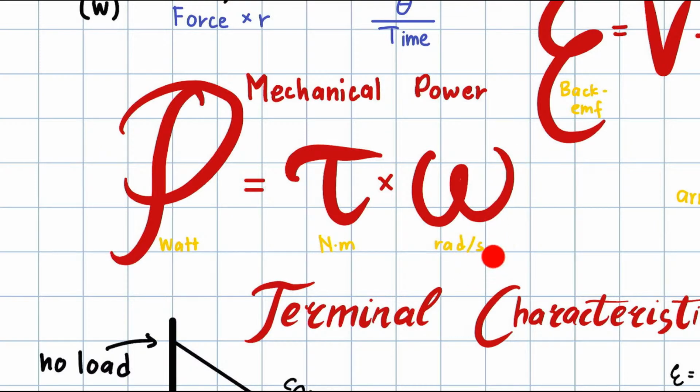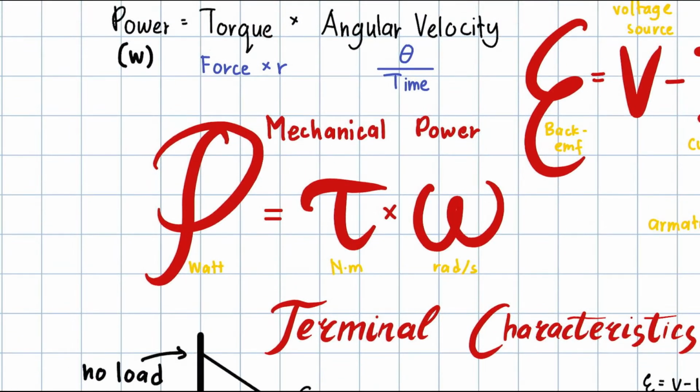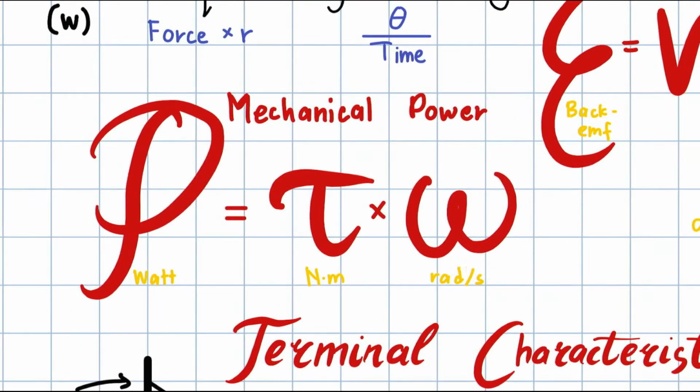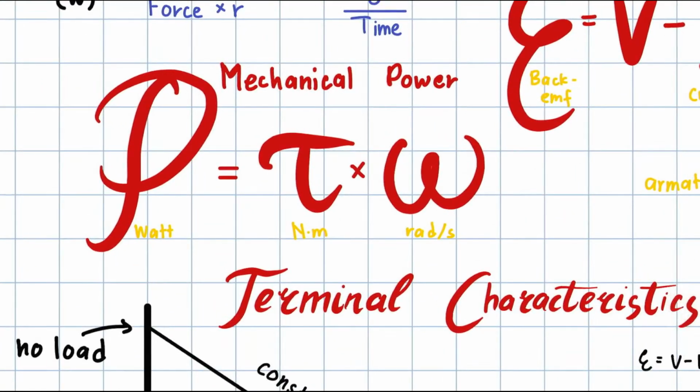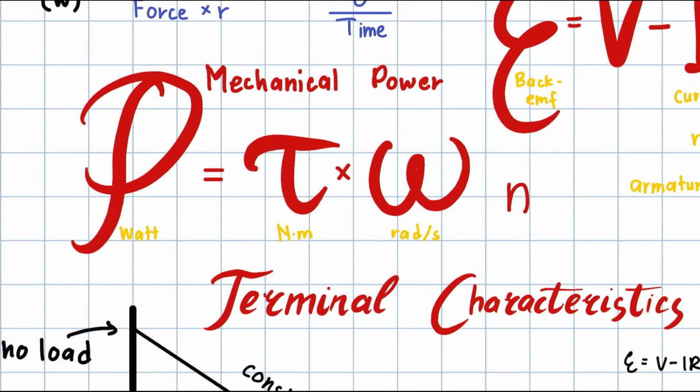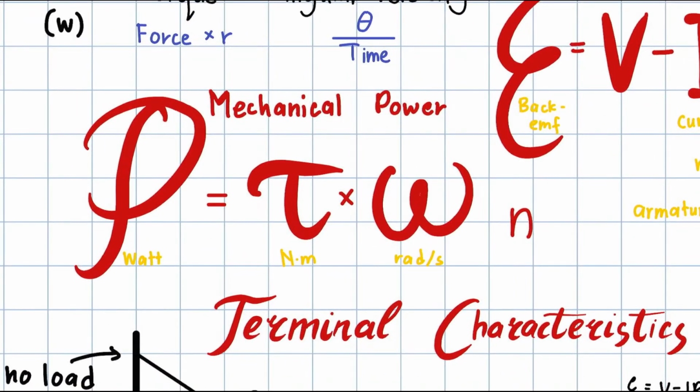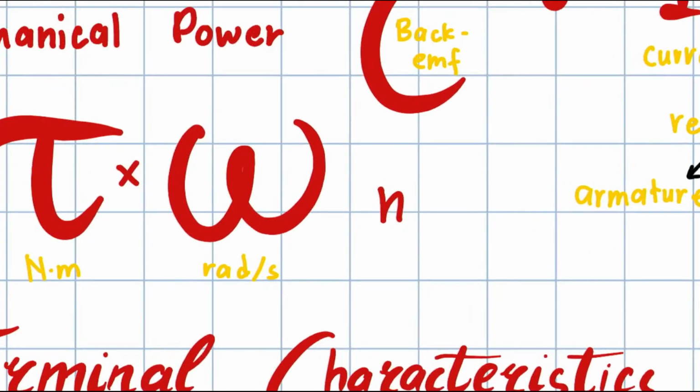This is quite different from our lecture notes, because I think our lecture notes use a very old textbook. Their angular velocity is denoted as n. It is not actually very clear, because n has a lot of meanings.